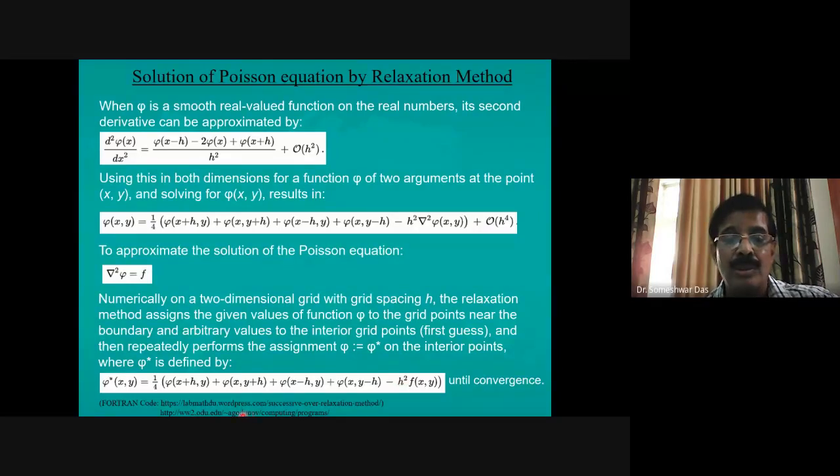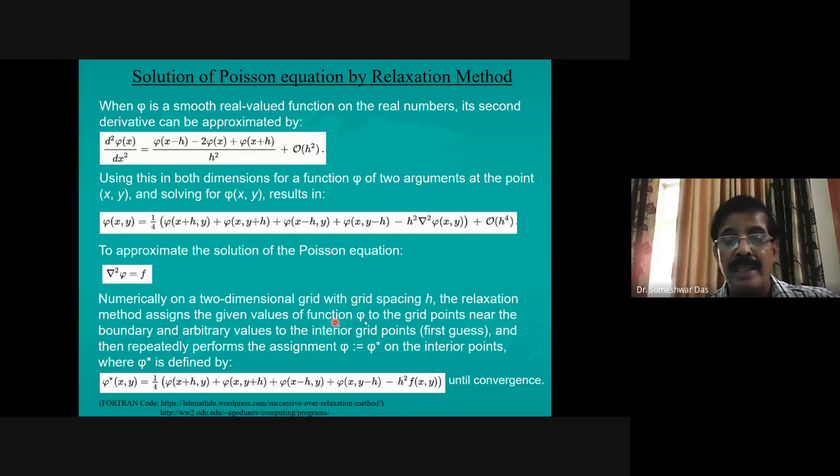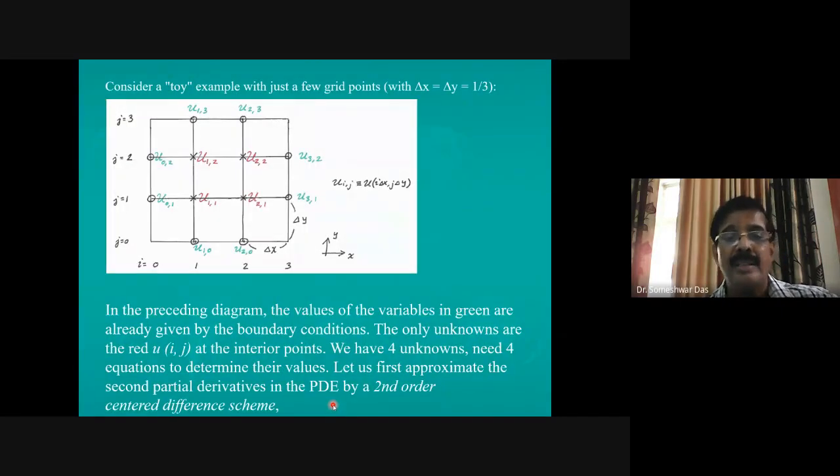There is another book also on this website where there are so many programs given, Fortran codes are given to compute different numerical techniques, including the relaxation technique or Jacobi's method, etc. This is just for your help. In case you find difficulty in writing your own Fortran code, you can take the help of these codes. So coming back to our case, now this already you understand.